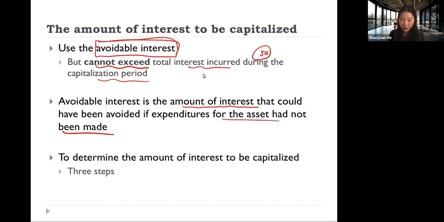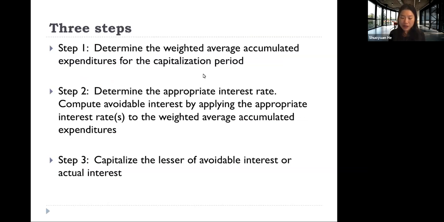And to determine the amount of interest to be capitalized, we basically have 3 steps here. The first step is to determine the weighted average cumulative expenditure for the capitalization period. We're going to look at it through the example.